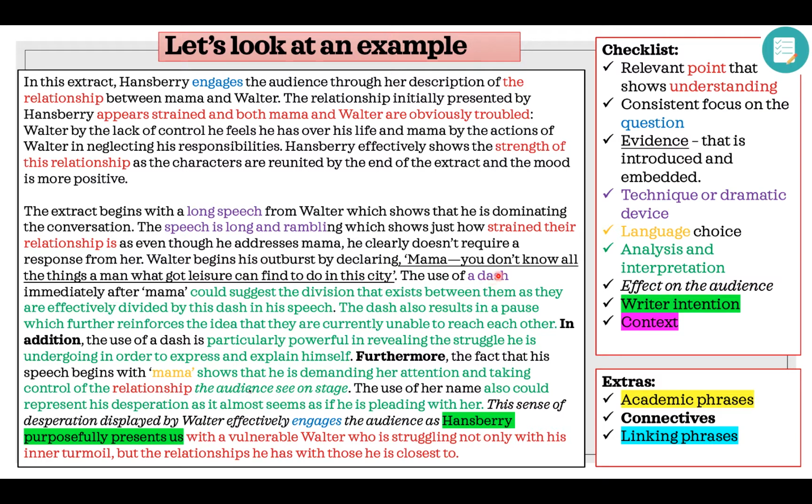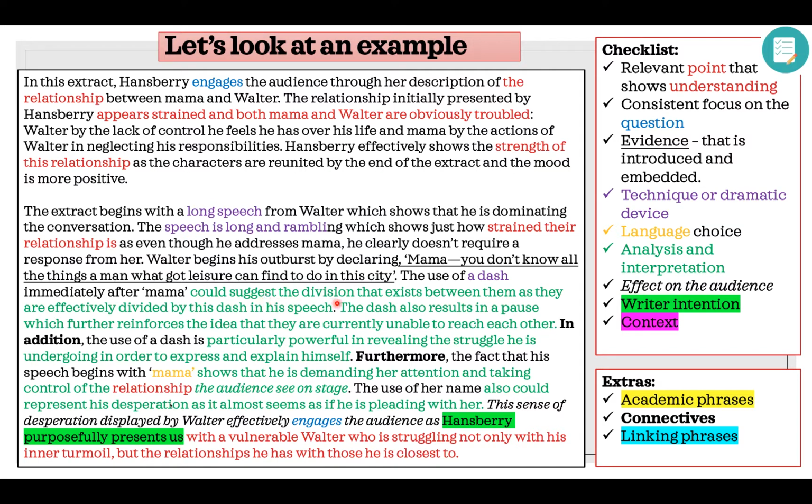The use of a dash. So here we've gone back to technique or dramatic device. So I'm now focusing on something specific here. Could suggest, now if you notice all of this green here is my analysis and interpretation. So see if you can see how often I offer another layer or a different aspect of this interpretation.